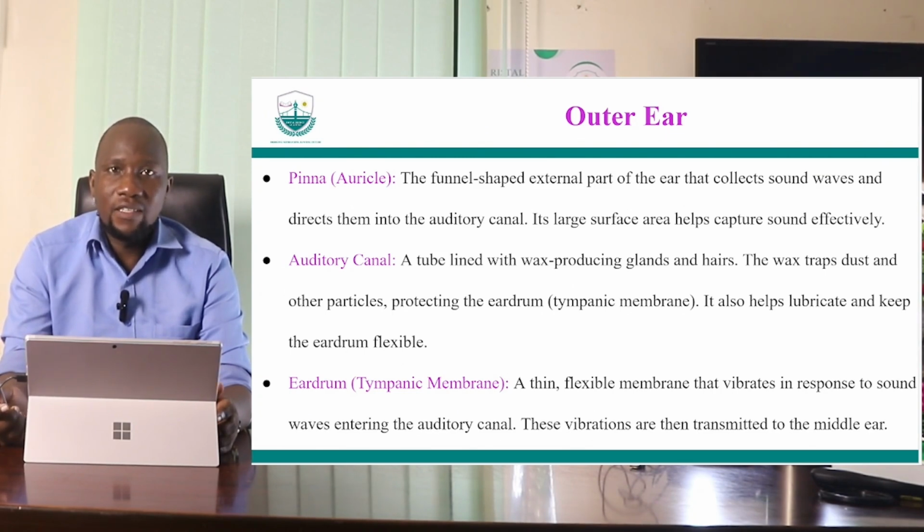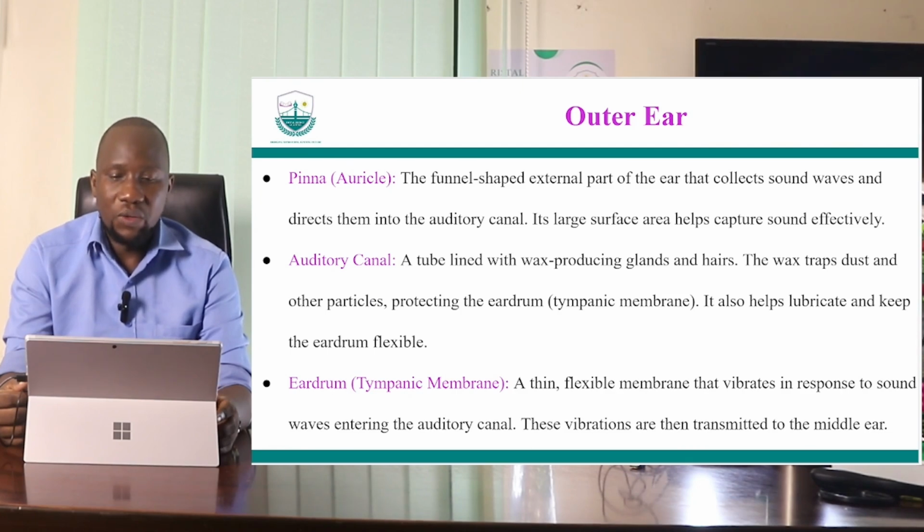It has some hair and also some glands that produce a substance that we call wax. That wax is important for lubrication, one, and two, for trapping any foreign objects or bodies that try to enter the ear, okay.